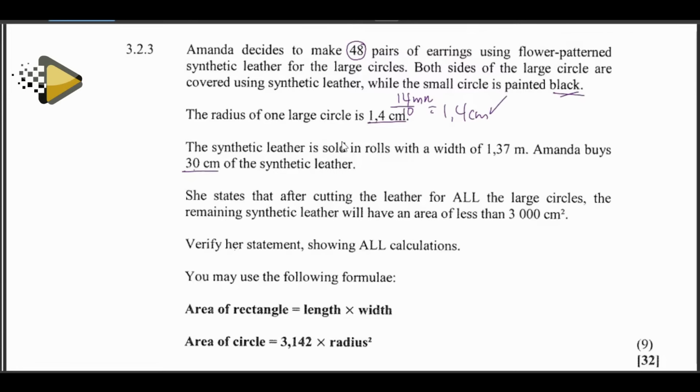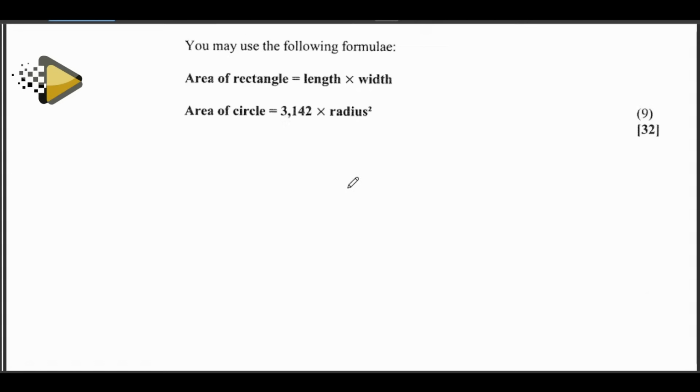She states that after cutting the leather for all the large circles, the remaining synthetic leather will have an area of less than 3,000 centimeters. So now, 9 marks. First and foremost, we know 48 pairs. What does it mean? 48 pairs times 2.